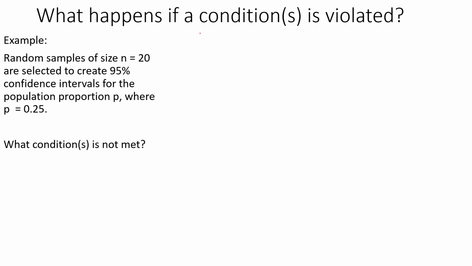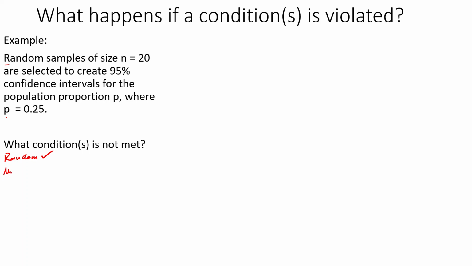All right, so what happens if a condition is violated? Random samples of size 20 are selected to create 95% confidence intervals for a population proportion p, where p is 0.25. What condition is not going to be met here? Well, they're giving us p ahead of time, so let's see. They said they're taking random samples, so random is not the problem.